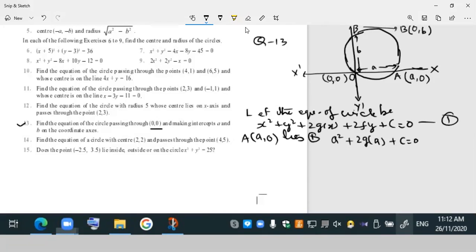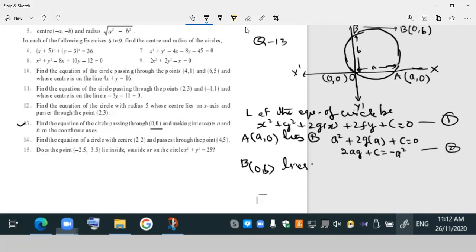So we get 2ag plus c is equal to minus a square. This is equation number 2.